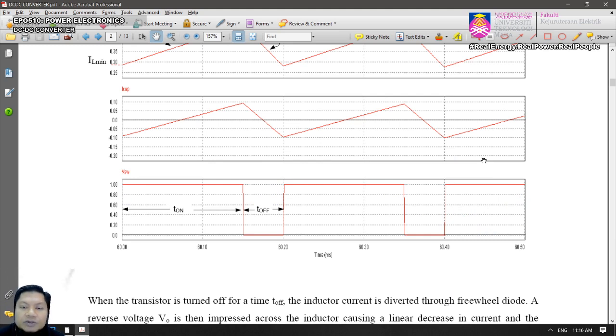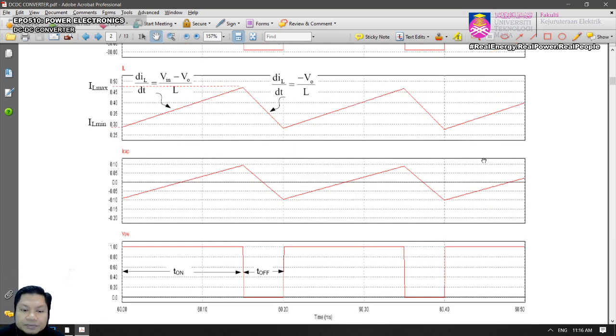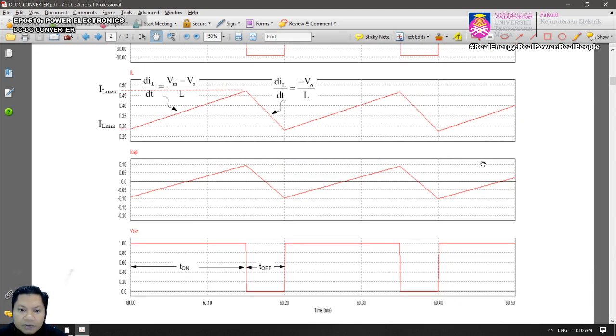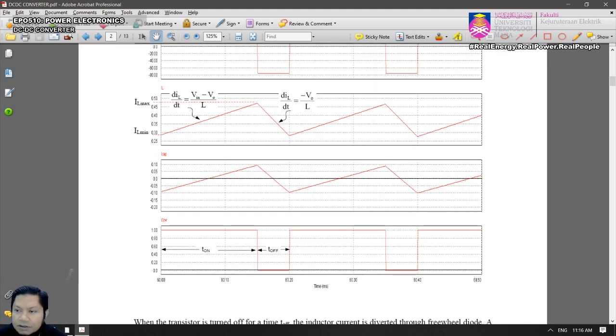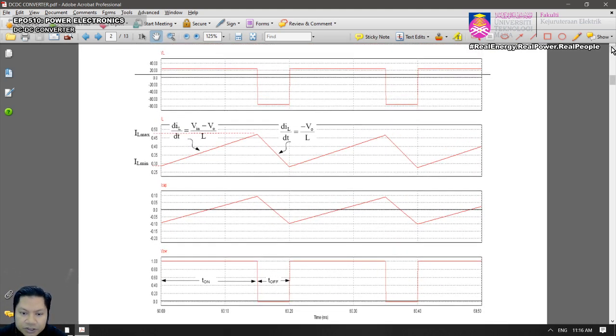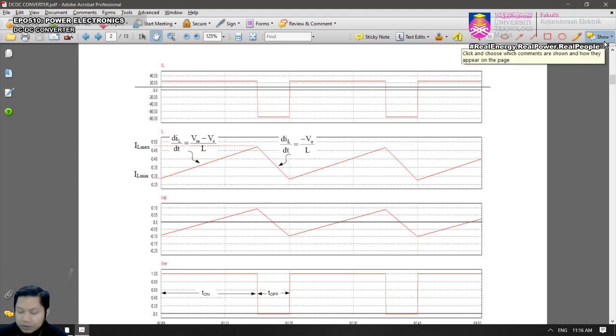Okay, so now we're going to look into the circuit again and consider the turn on and turn off of the switch. I'm going to sketch here the circuit just now so that we can refer properly. So just now we have this, right?